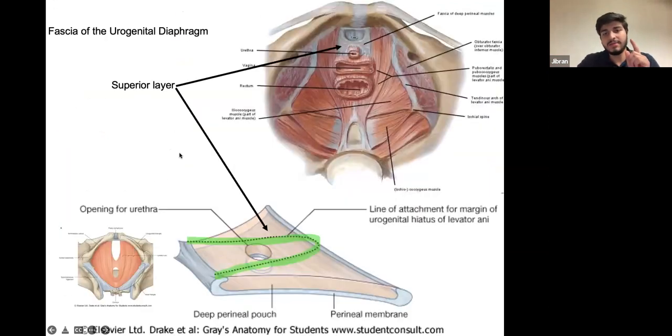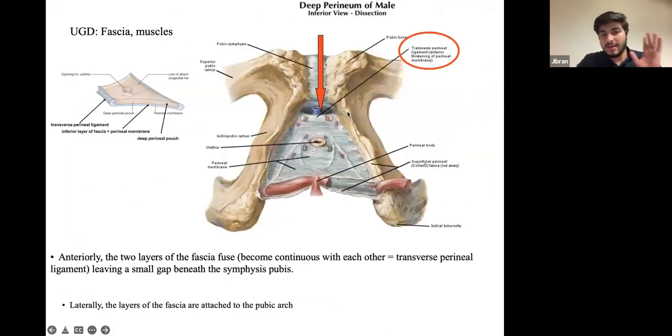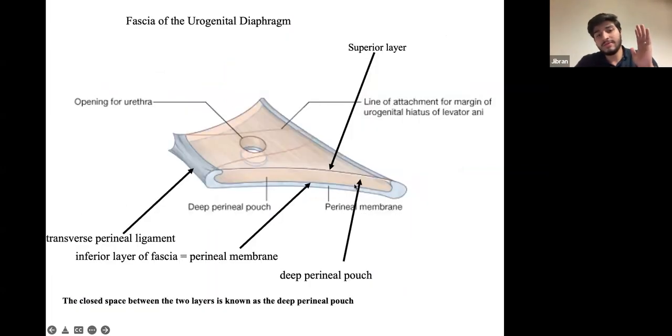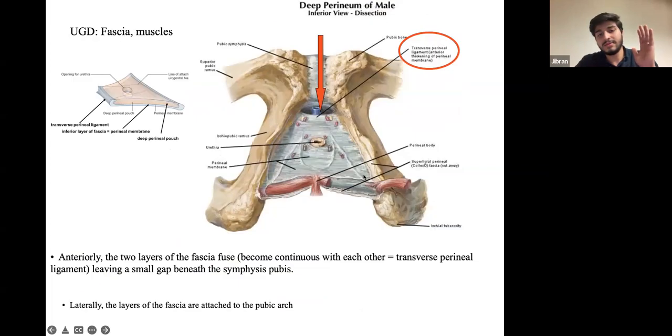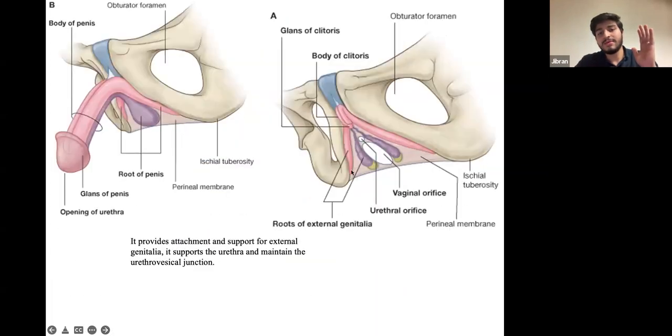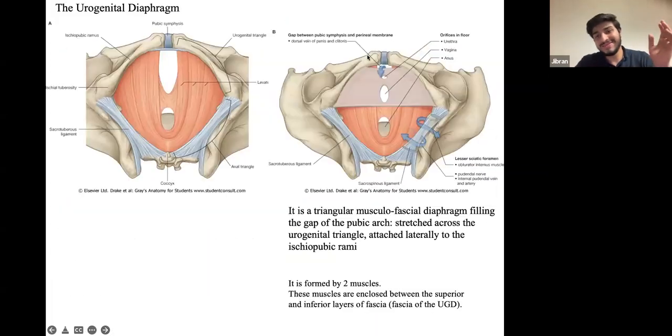This is that ligament, and this is the vein it's carrying. This is the interior portion, and this is the diaphragm. Posteriorly, these are the transverse perineal muscles, which we're going to discuss in a bit. I hope you got the orientation: this thing is this, it is also this, and it is also this.